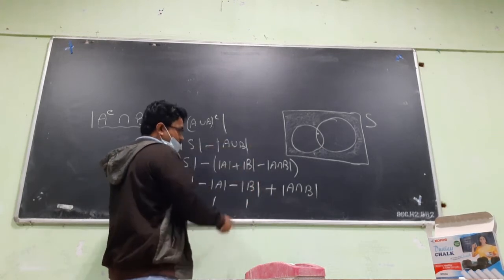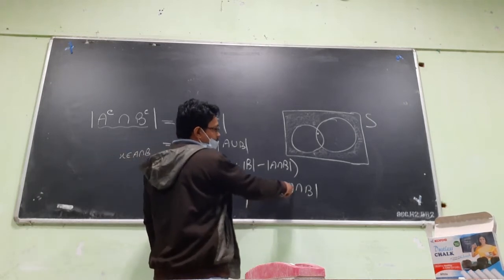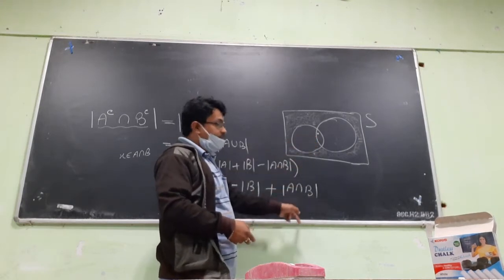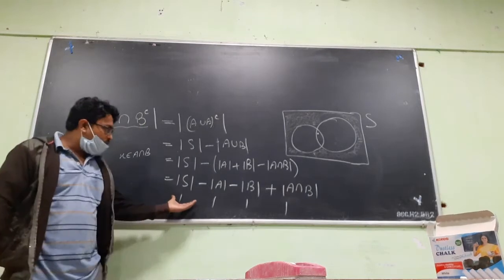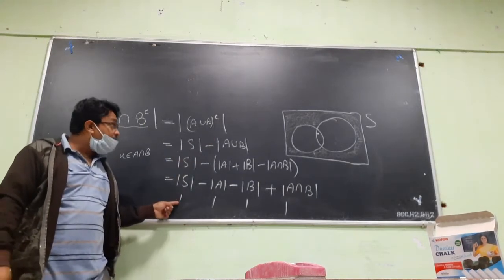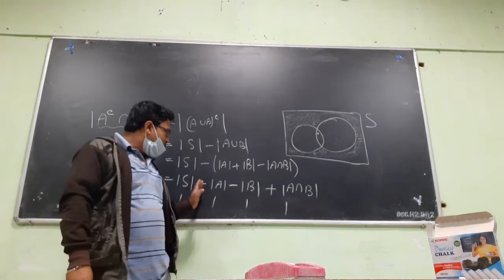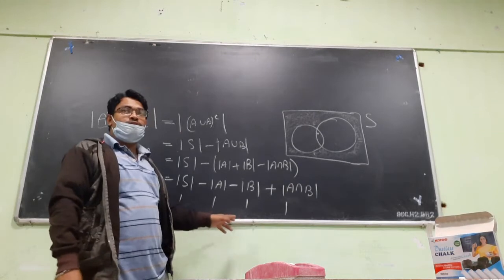So minus I go. And then when we count the number of elements of A intersection B, this particular element is again counted. Once we include all, this X is being included. When we remove the elements of A, this X is removed.